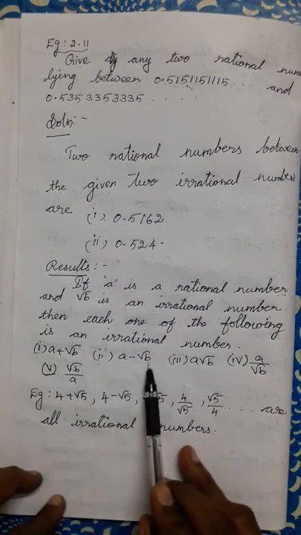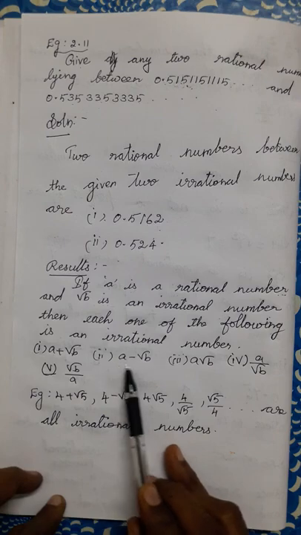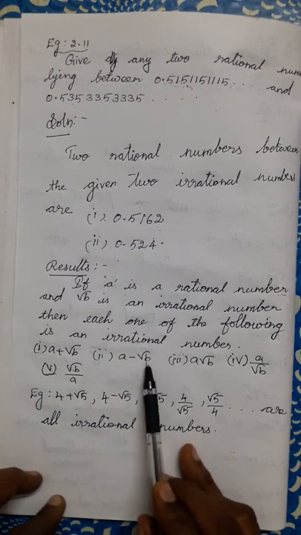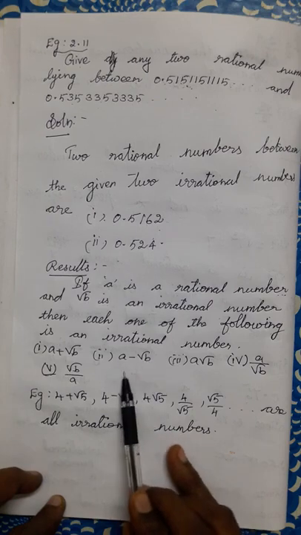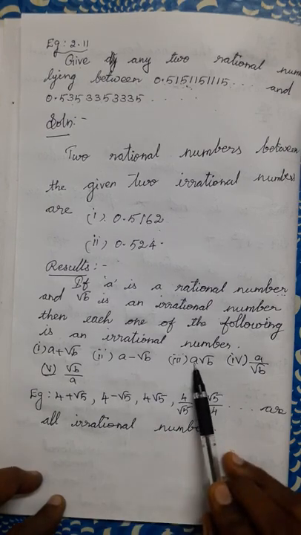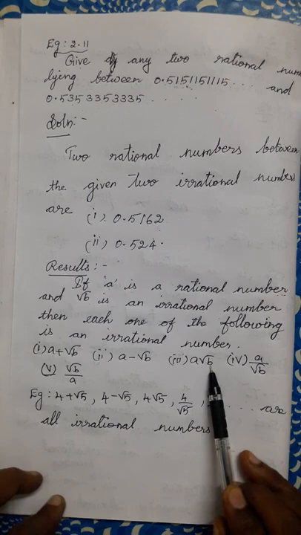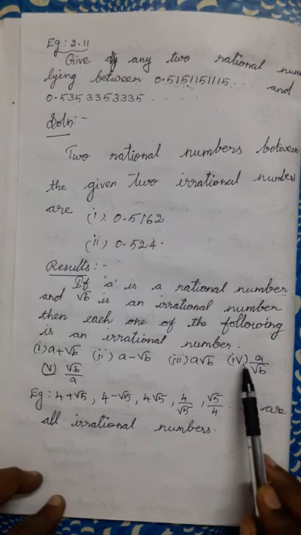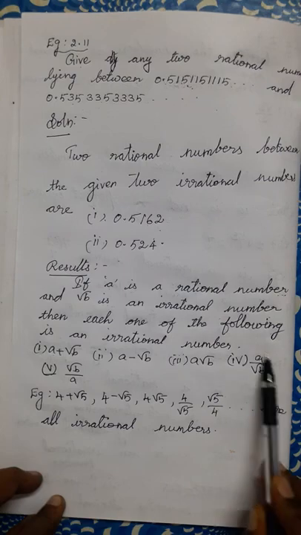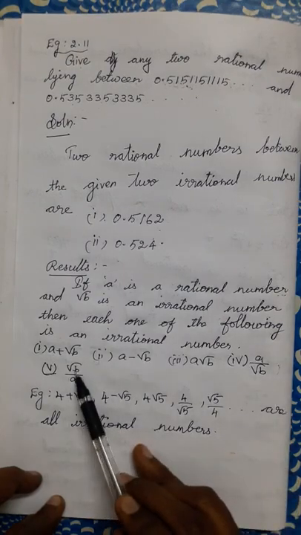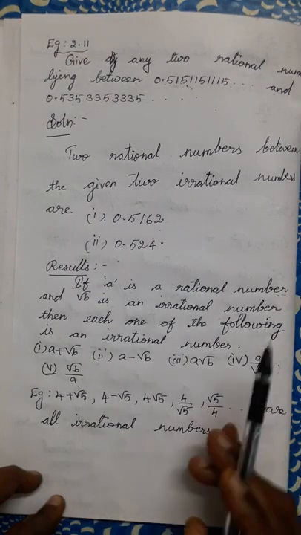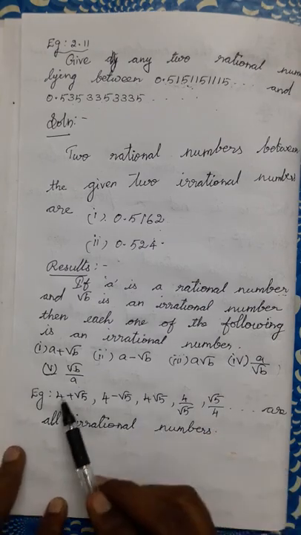A minus root B, rational minus irrational, also an irrational number. A times root B is also irrational. A by root B is also irrational. Root B by A is also an irrational number.